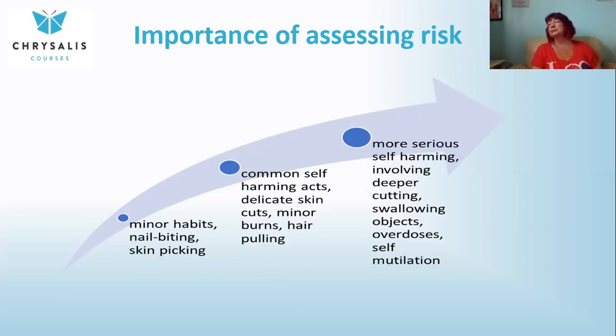And the primary purpose of risk assessment is to weigh up the dangers, the things that might make harm more likely, and also the things that might make harm less likely, and also looking at what other support is there. And also if the client really wants to engage and how motivated they are. And that will help us reach a conclusion as to the best course of action to take.